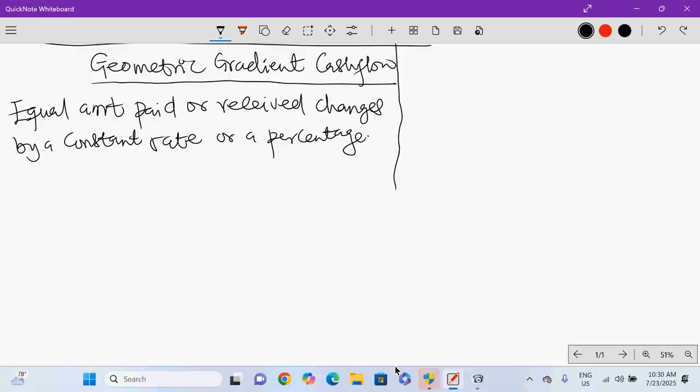As I said earlier, the geometric gradient changes by a constant rate, right?